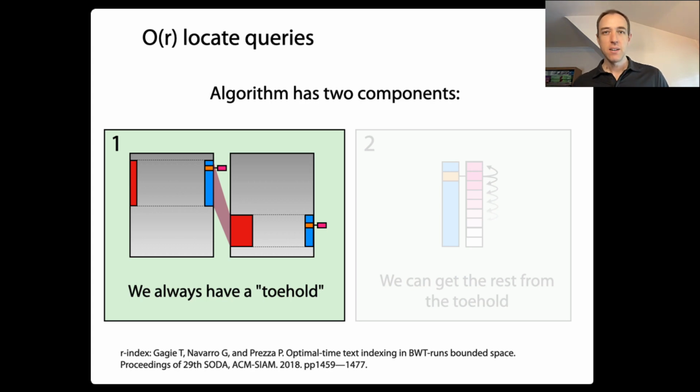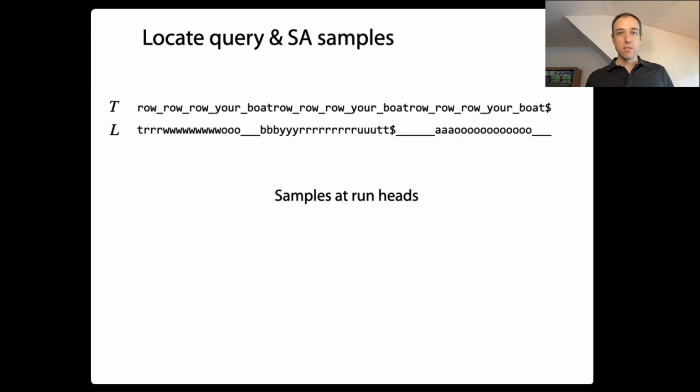Let me harken back to this: we were saying that we want to keep a sample, but we want to keep an amount of suffix array information that grows with r. So let's start with a simple, obvious suggestion for what we should keep in our suffix array sample. I'm going to suggest that what we keep are the suffix array entries at the beginnings of the runs.